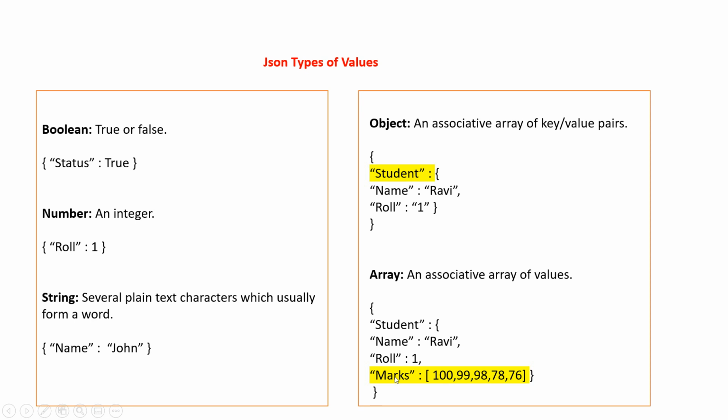And next is marks, which is an array value in JSON. It stores multiple values like 100, 99, 80, 98, 78, 76. If we want to store multiple values of a similar data type, then we use an array in JSON.